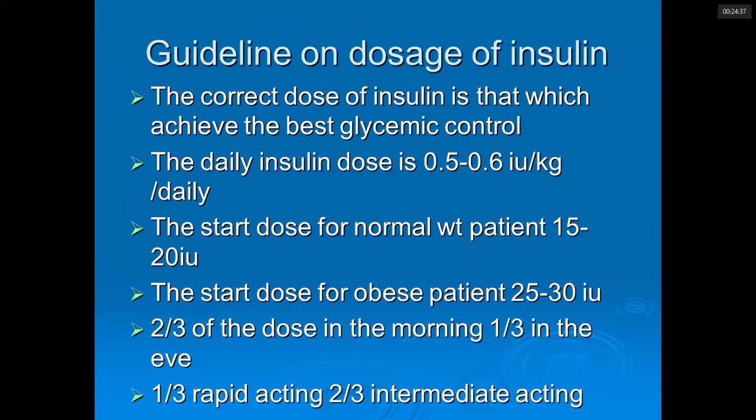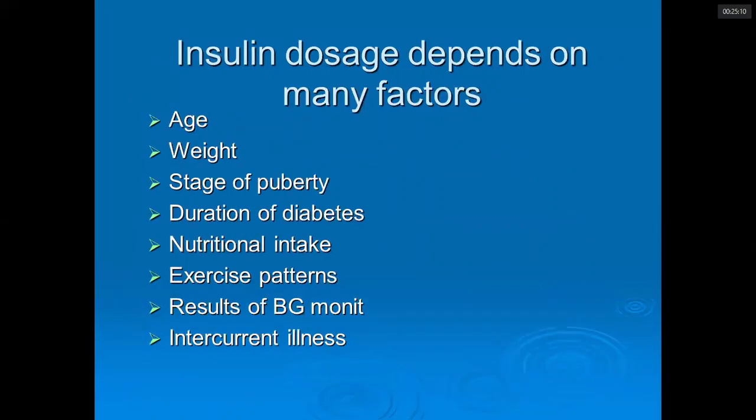Guideline on dose of insulin. The correct dose of insulin is that which achieves the best glycemic control. The daily insulin dose is 0.5 to 0.6 international units per kilogram per day. The start dose for a normal weight patient is 15-20 units. The start dose for an obese patient is about 25-30 units. 2/3 of the dose in the morning and 1/3 in the evening. 1/3 is rapid acting insulin and 2/3 is long acting, intermediate insulin.